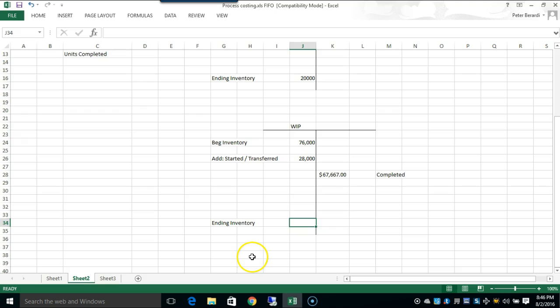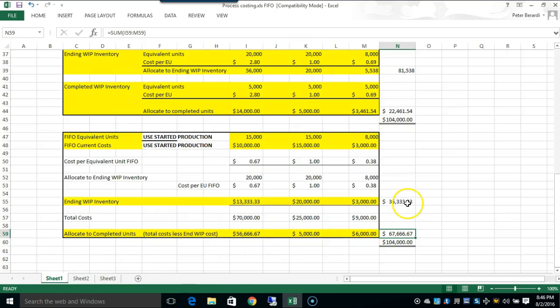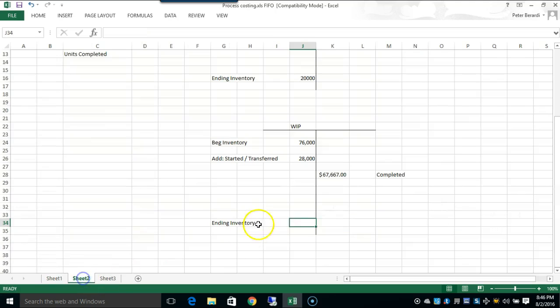Your ending inventory is going to be this plus added minus completed, which will equal the 36,333. Which it does.